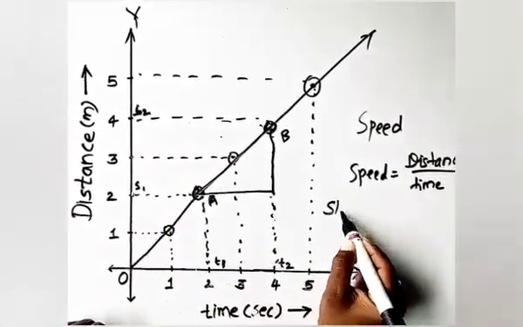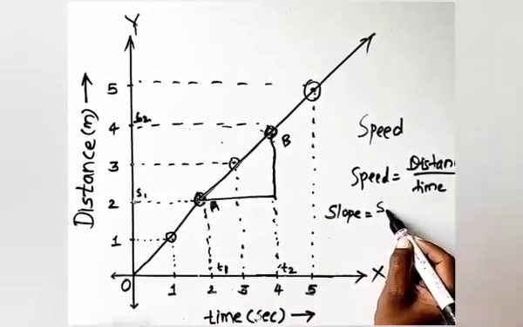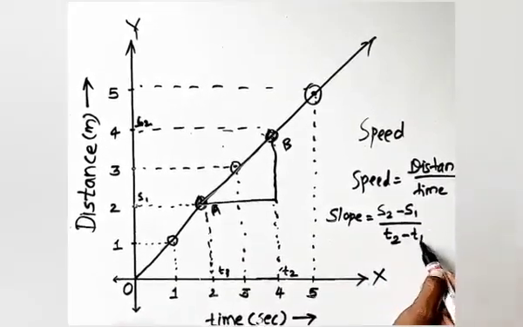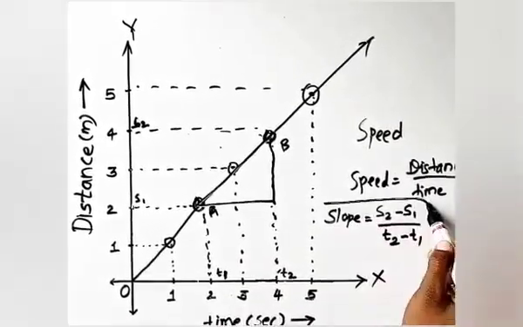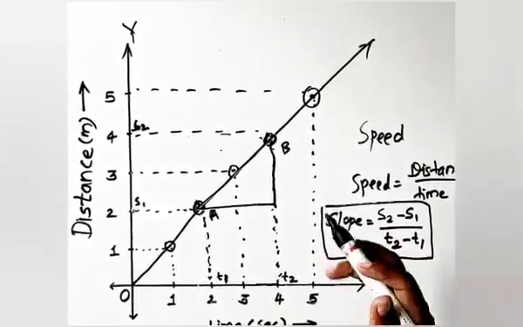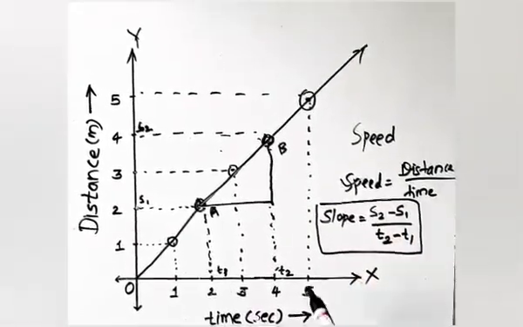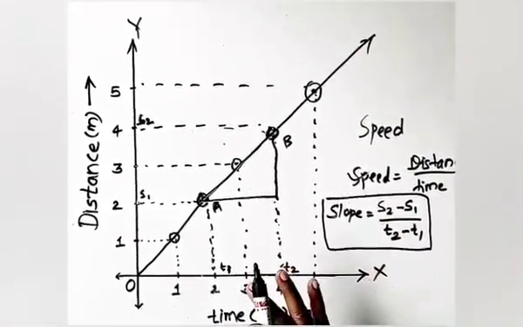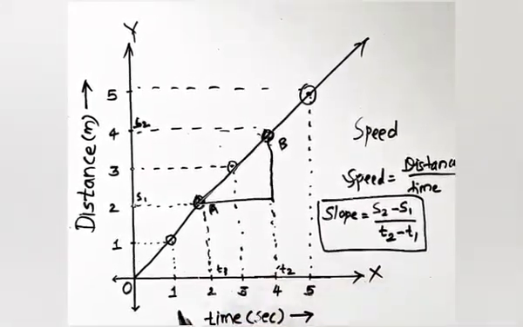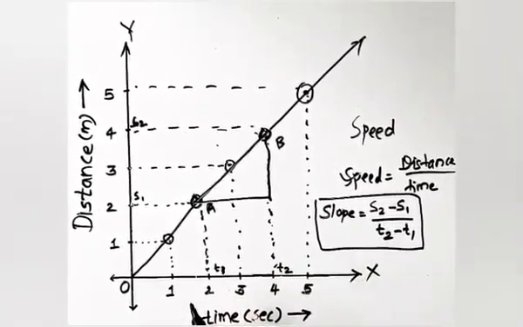So the formula for slope is (s2 minus s1) upon (t2 minus t1). This formula of slope gives the value of speed. So in this way we can calculate the speed from the given plot. This is the most useful application of this distance time graph, which represents the uniform motion of an object.